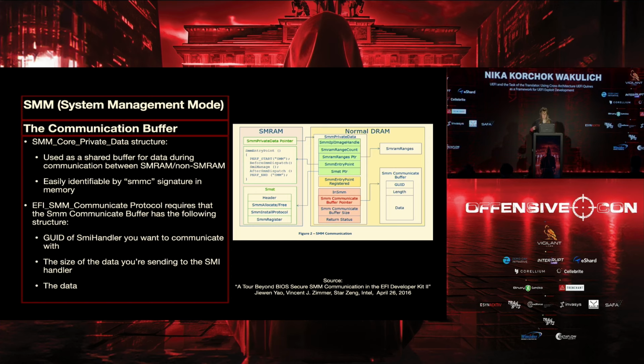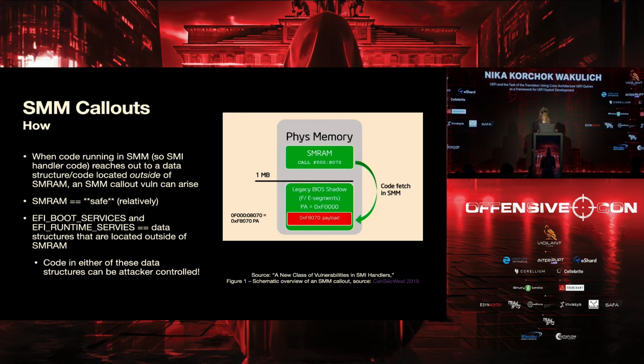It has a signature of SMMC that you can easily identify if you look through a memory dump in the UEFI shell and search for the string, which I'll get to in a minute. And the UEFI SMM Communication protocol requires that the SMM communicate buffer is set up in a very specific way with these fields. Okay. Then an SMM callout.